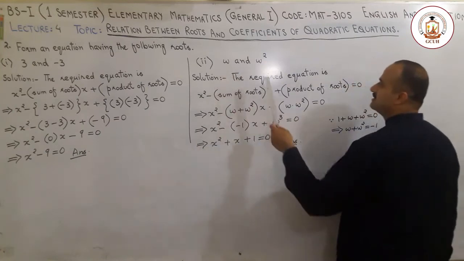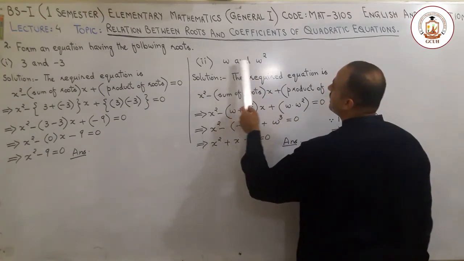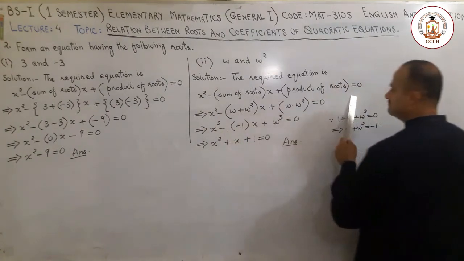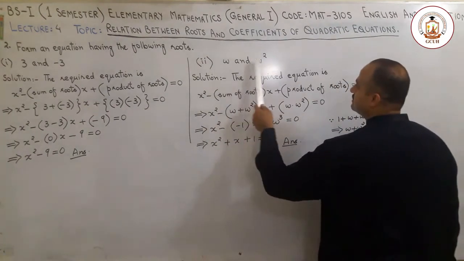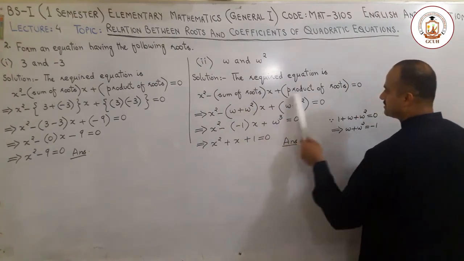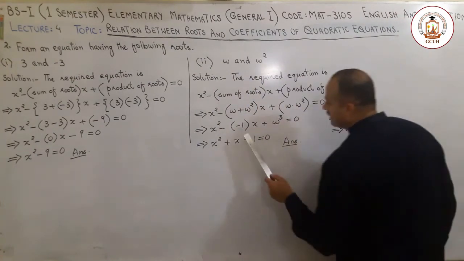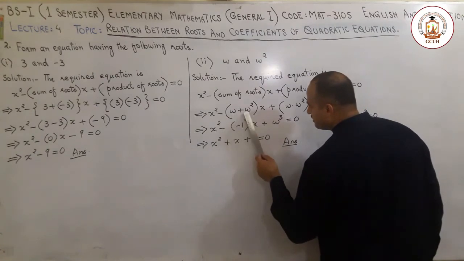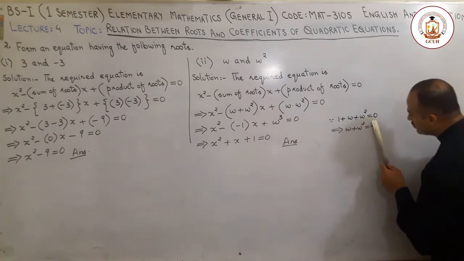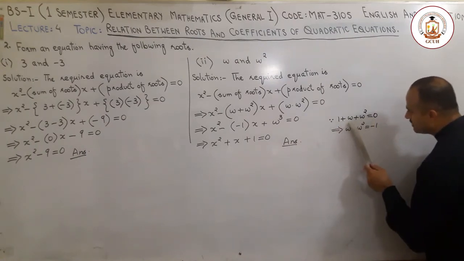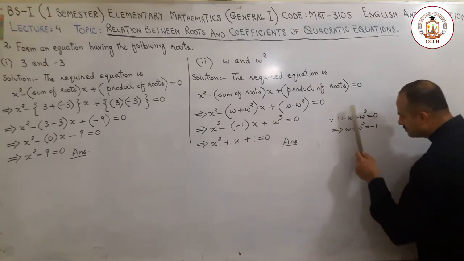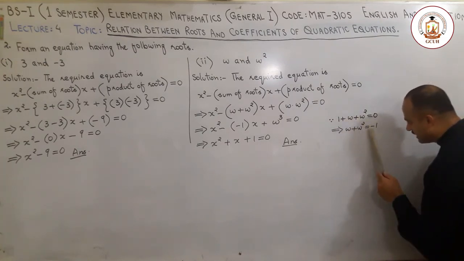And the other question is, here the roots are omega and omega square. So let us use the same formulation and add these two roots and multiply these two roots in their respective places. And you may notice that for omega plus omega square, we know the property of cube roots of unity, that 1 plus omega plus omega square is equal to 0. So if we shift 1 to the right hand side, it will become minus 1.